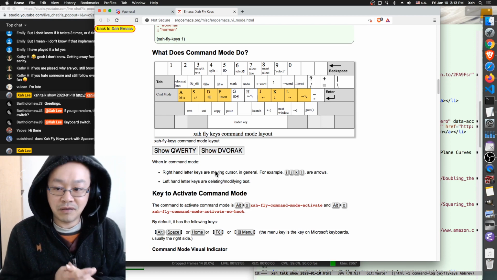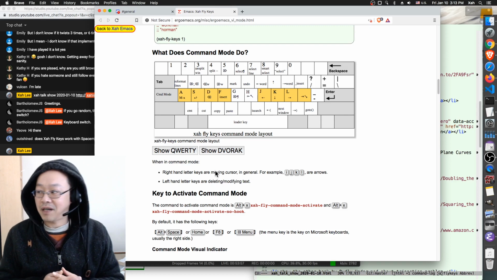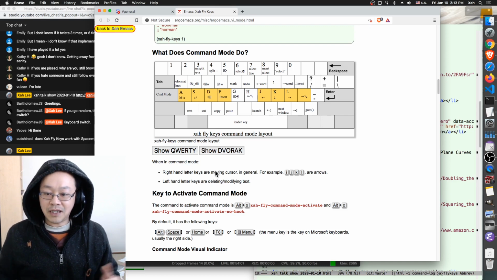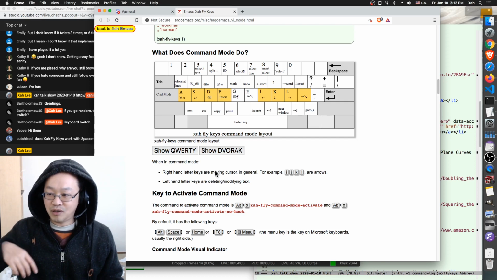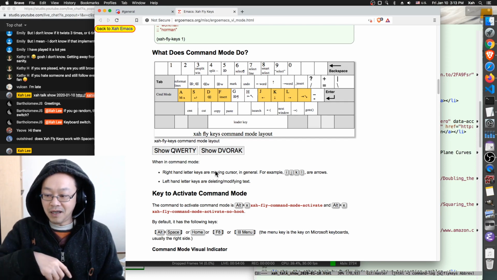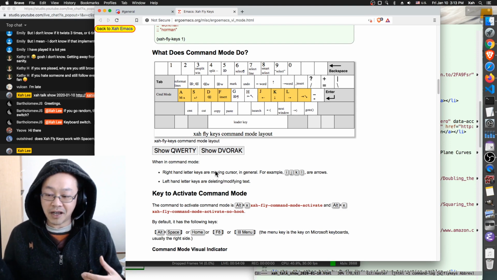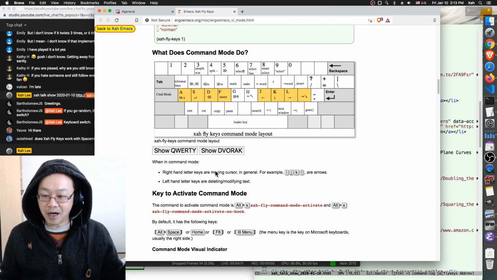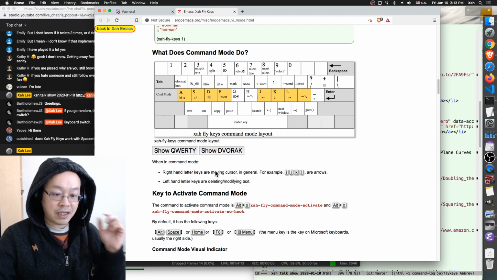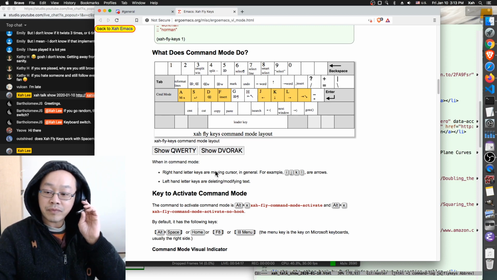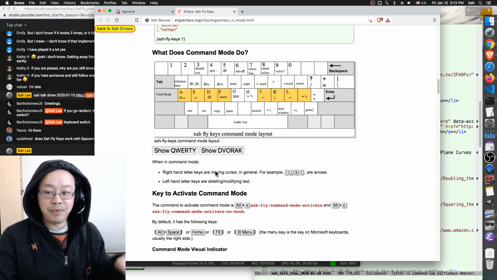Yeah. I never tried it, so I don't know what to tell you, because it's a technical issue. I have to actually try Spacemacs, then install xah-fly-keys, and turn off evil mode, because Spacemacs by default uses evil mode, so you have to turn that off.